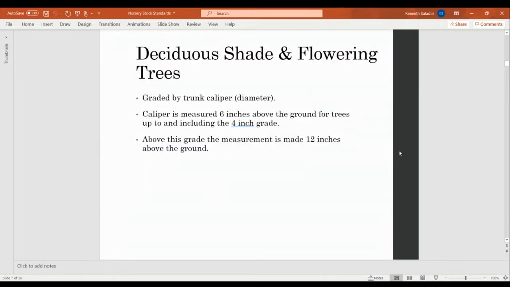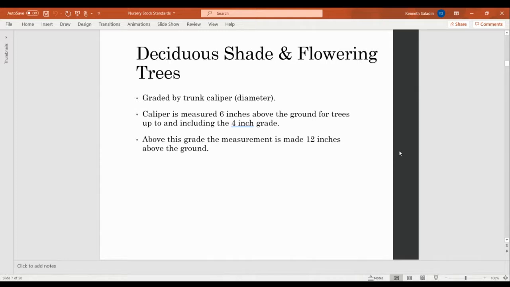So when we grade deciduous, shade, and flowering trees, they are going to be graded by something called trunk caliper. And what is caliper? Caliper is essentially the diameter of the tree, and it's going to be measured in inches. So the next question is, where do we measure the trunk caliper or diameter?